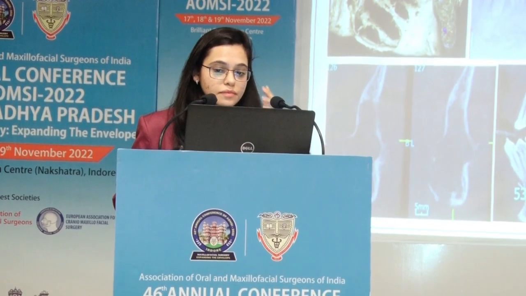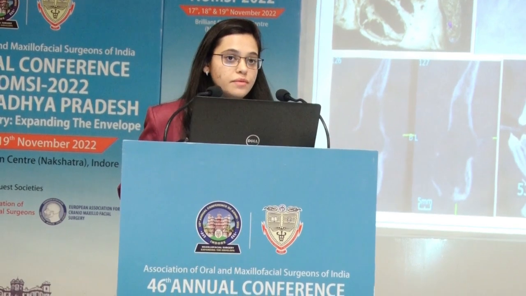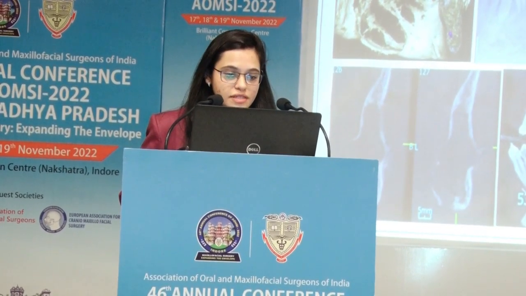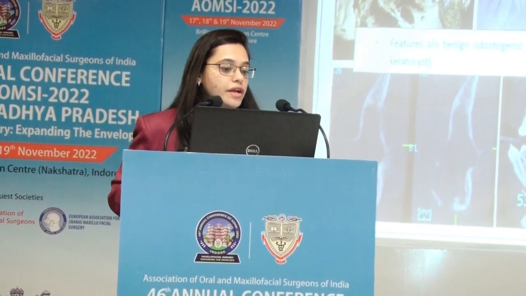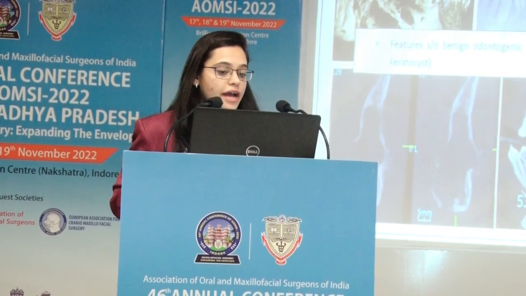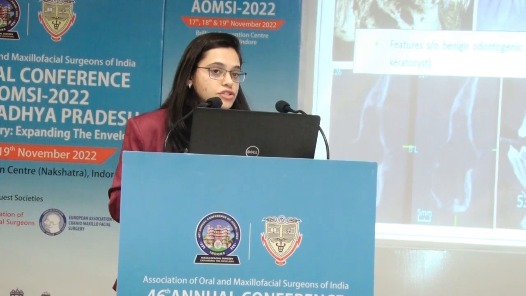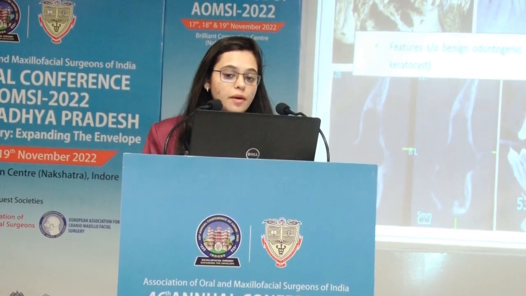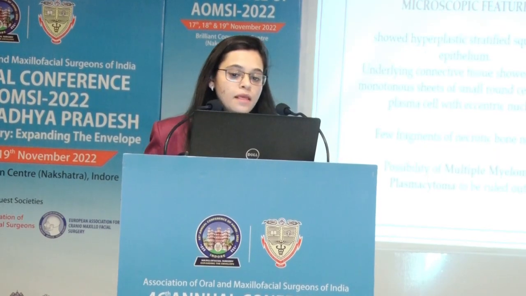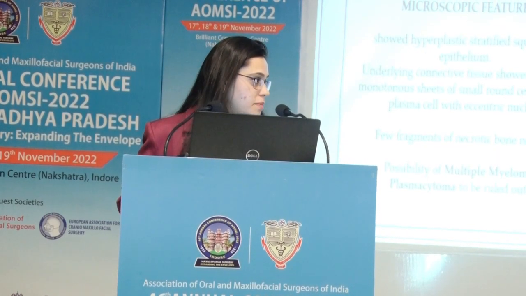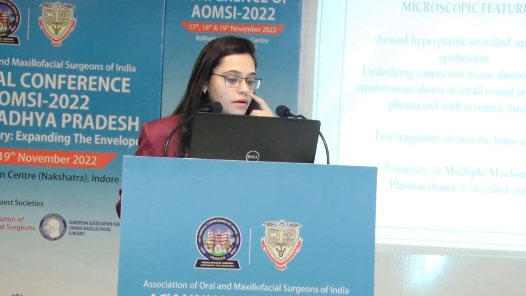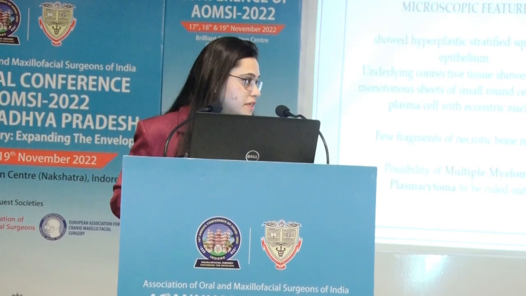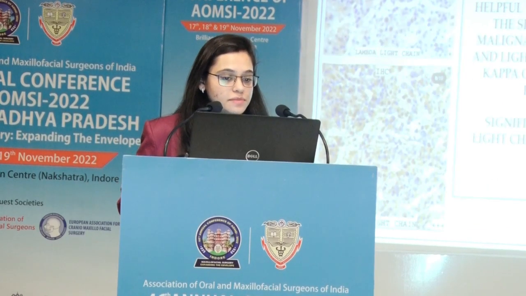Which was extending on the left side, and also there was obvious lingual and buccal cortical plate breach that could be seen on the sections. Now, according to the CBCT, they had given a diagnosis of a benign odontogenic tumor with respect to the left mandible with a differential diagnosis of ameloblastoma or OKC. So we went ahead and did an incisional biopsy of this patient, and we came to know that there was the presence of few plasma cells which could show a possibility of multiple myeloma or a plasmacytoma.